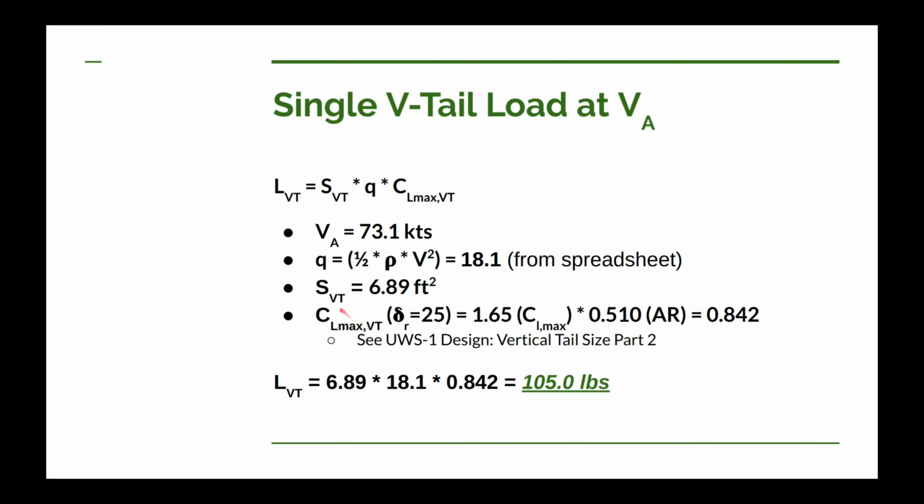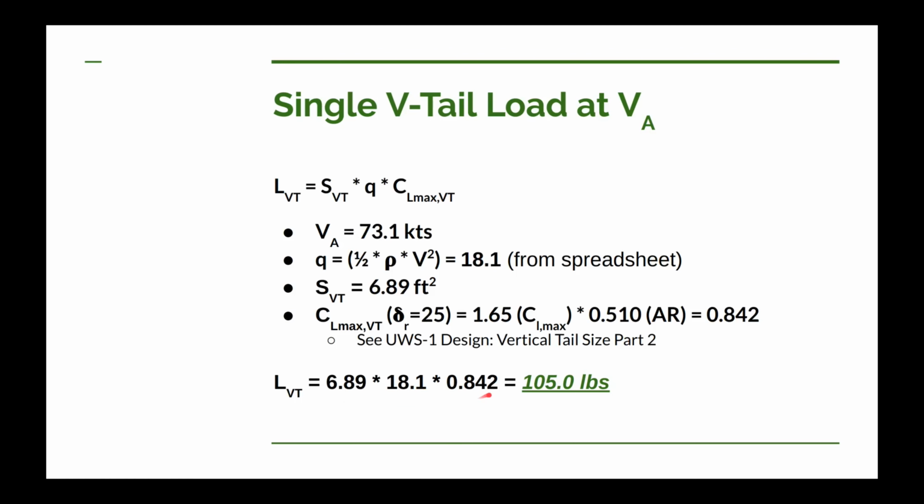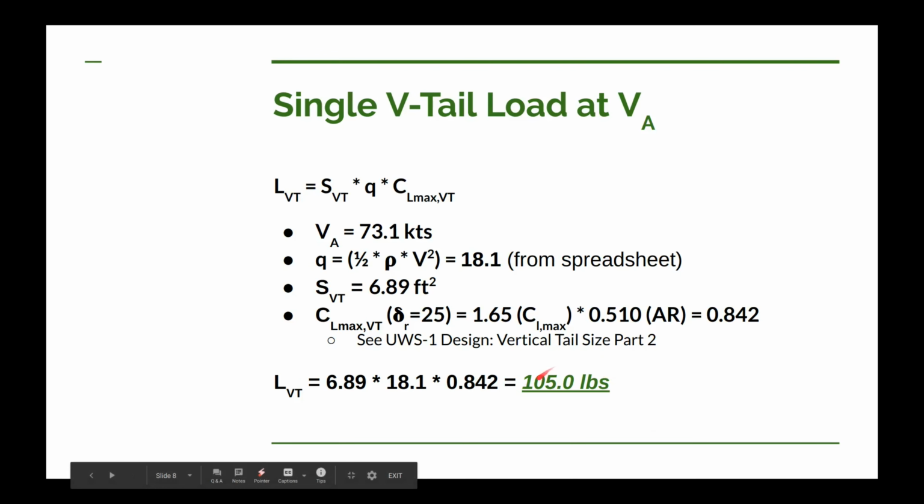Well, now we have values that we can plug in to figure out how much load we have on our tail. So we calculate all of our wonderful numbers in here: surface area, dynamic pressure, coefficient of lift, and we get 105 pounds. And before, we got 120 pounds using the FAA method. So we're really not too far off from that.